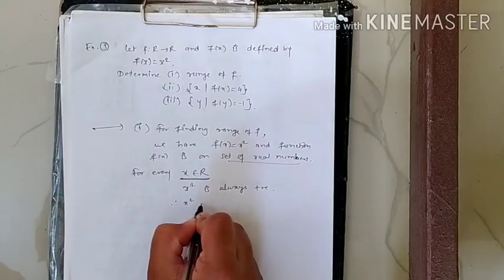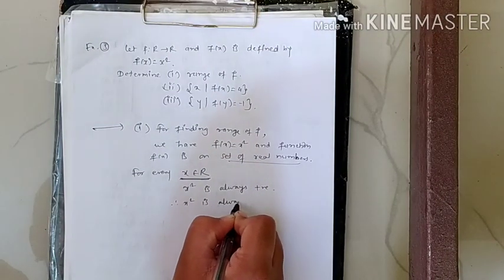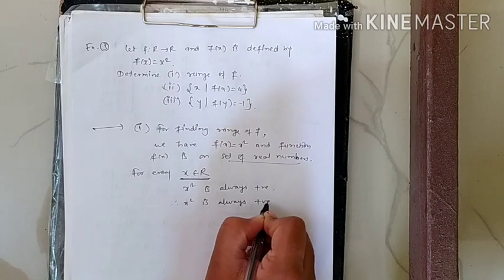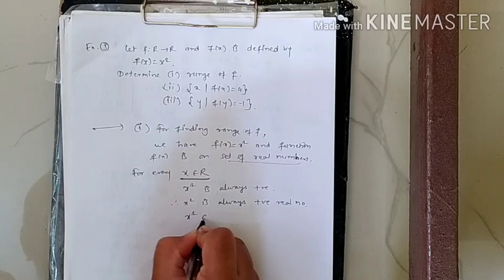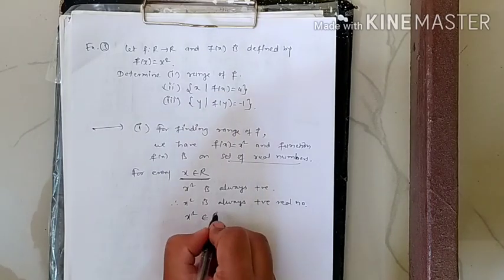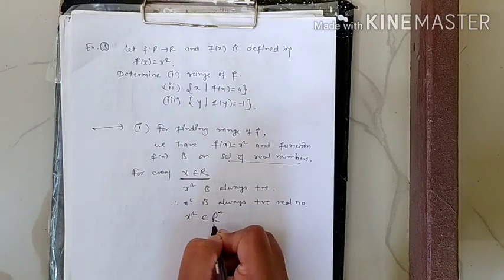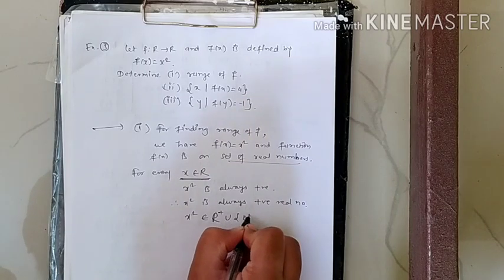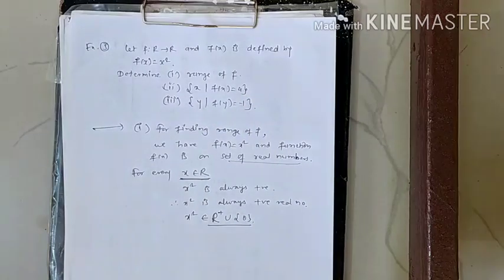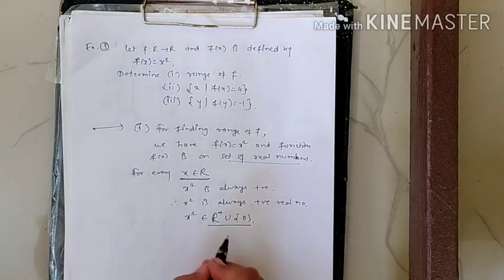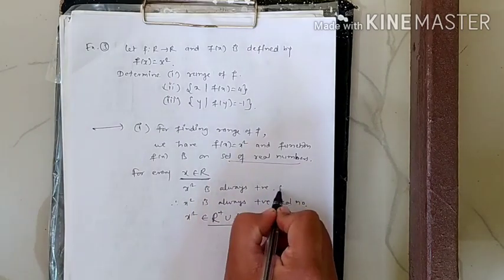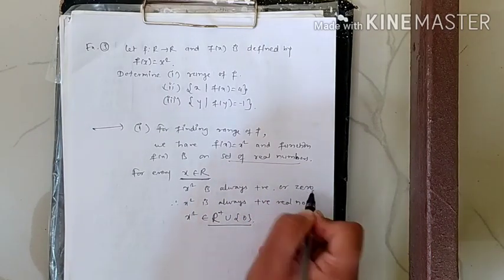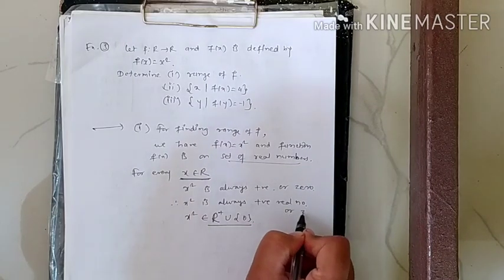Therefore x square is always a positive real number, means x square always belongs to R plus union with 0. Yes or no? Okay. R plus will consider only positive real numbers, so it is always positive or 0.